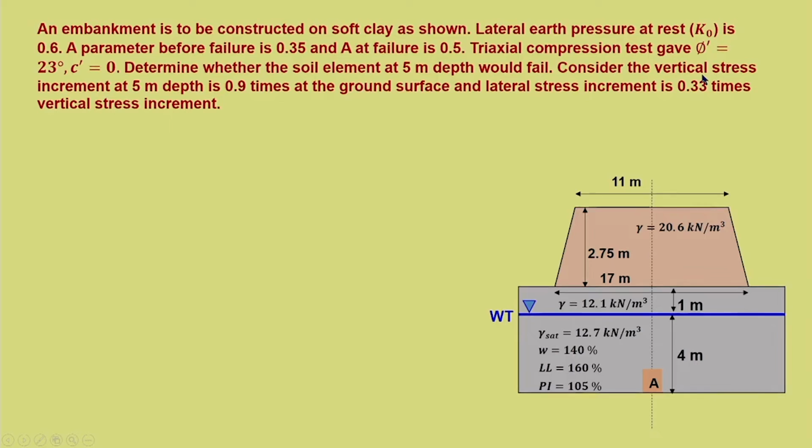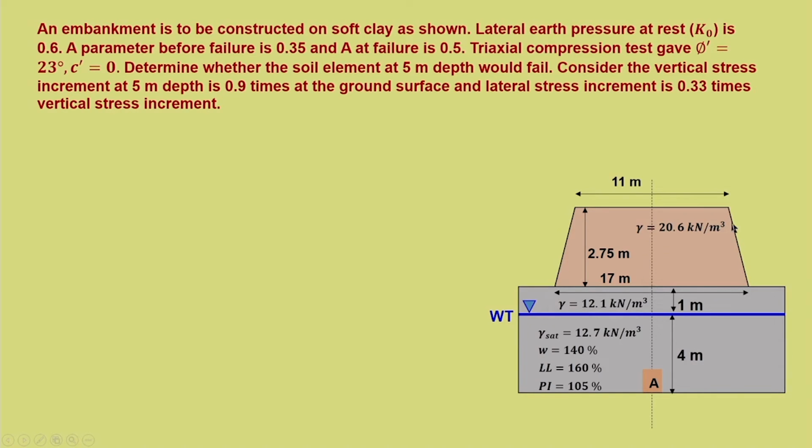Here, we are adopting this information for finding the stress increment at point A. The stress at point A will be 0.9 times the stress due to embankment at ground surface.